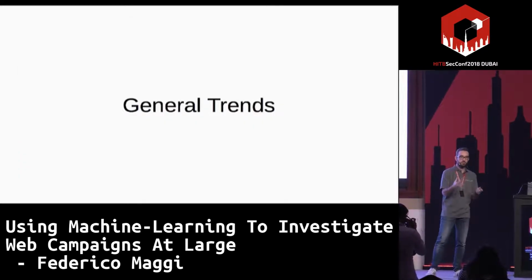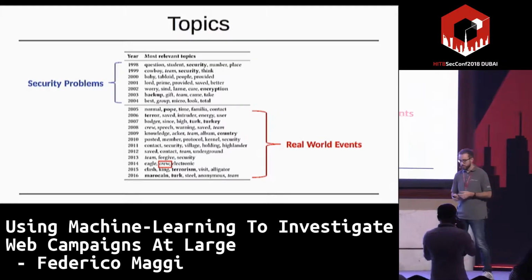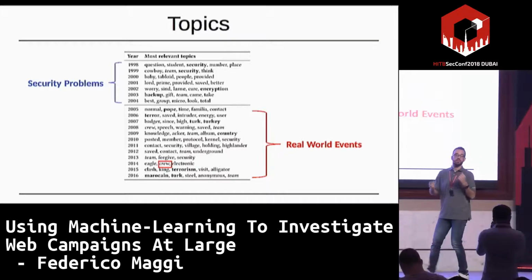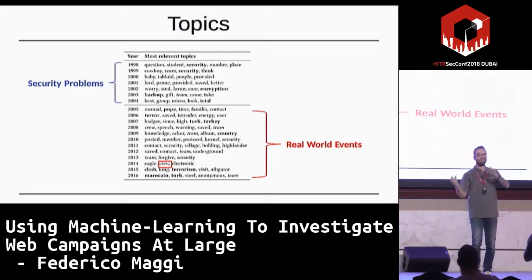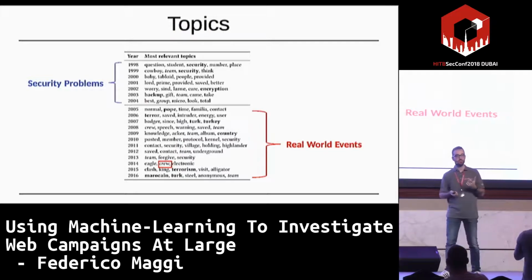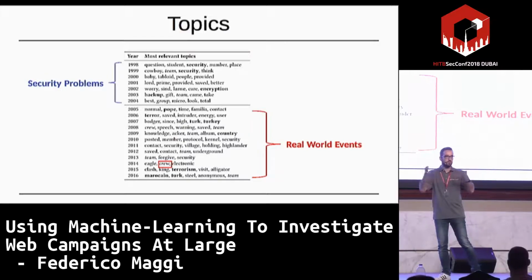So let's take a look at some general trends in this data set. I actually lied at the beginning. The timeline that you saw, I built it at the end, right? Why was I able to come up with those four phases?